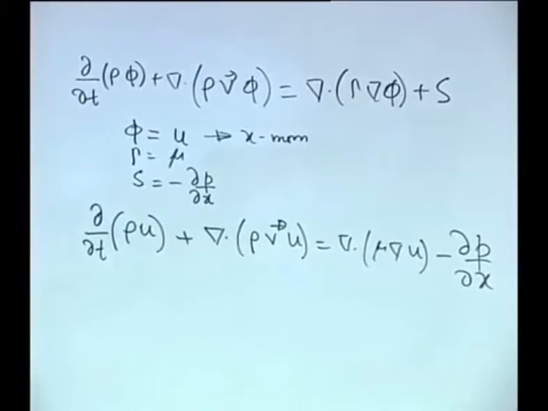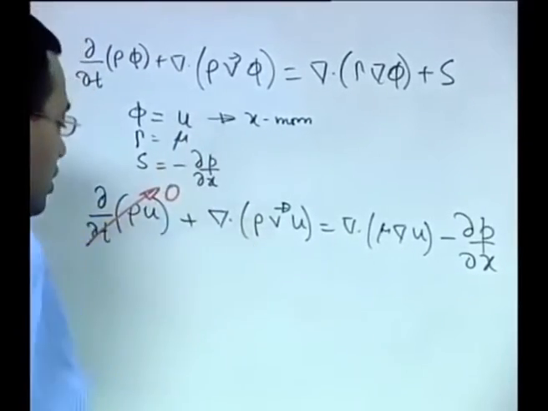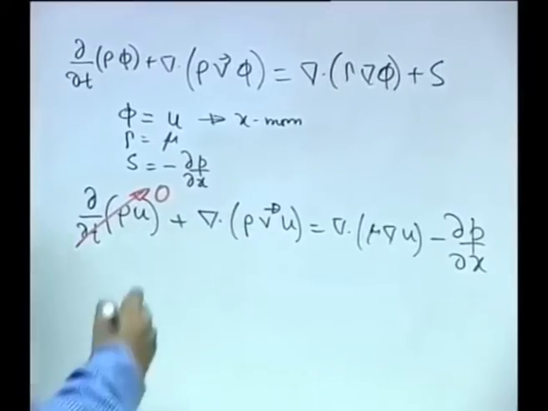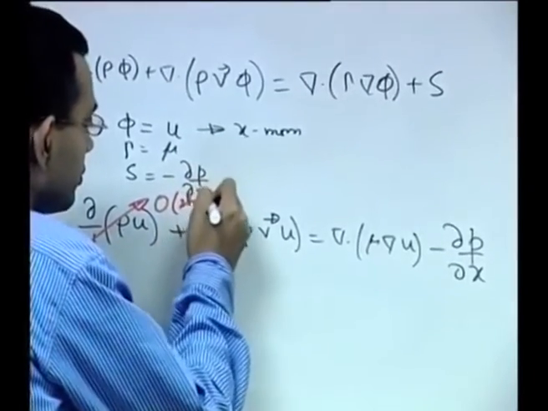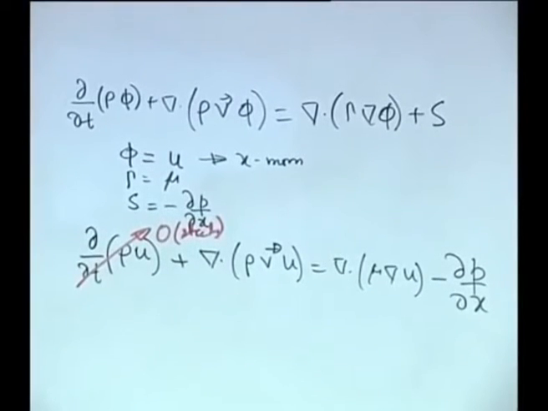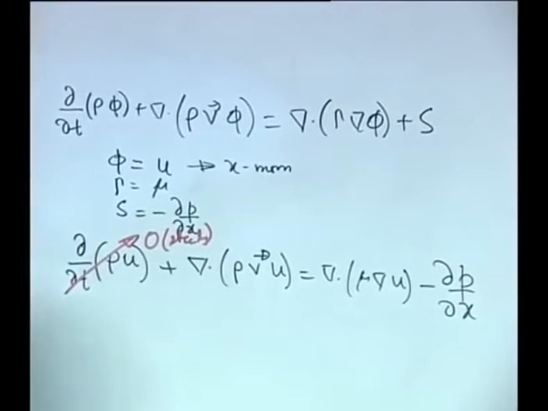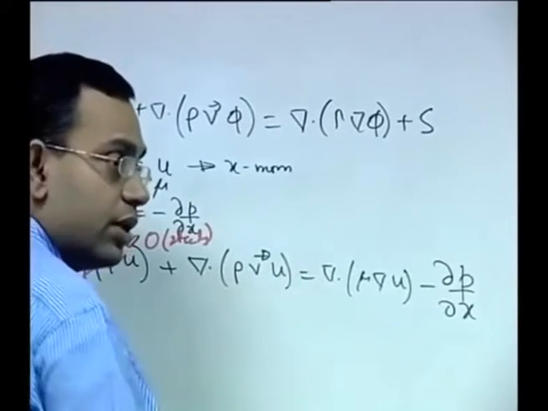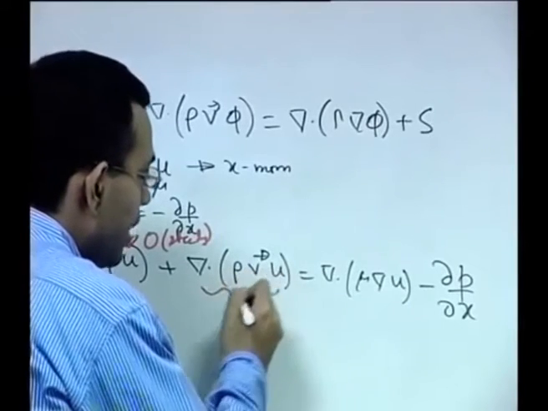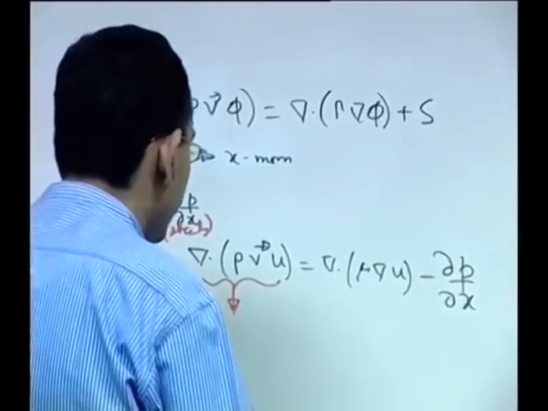Now, we can make certain simplifications. We can consider this term to be 0 because it is steady flow. We can also use the continuity equation along with this one to simplify this term. We will not go through the details of that, but you can simplify this. If you want, we can also of course go through the details.